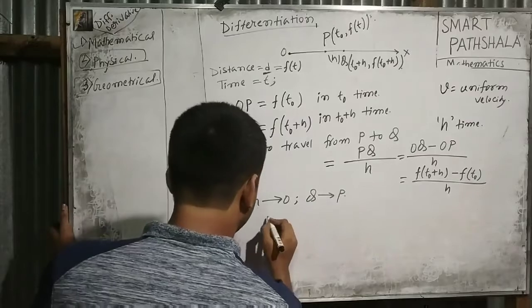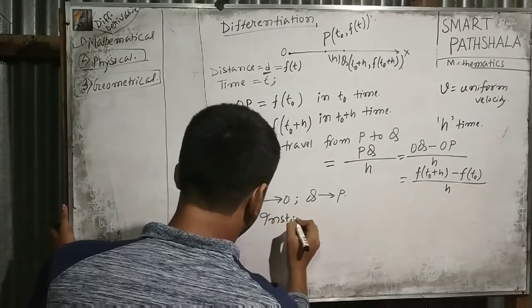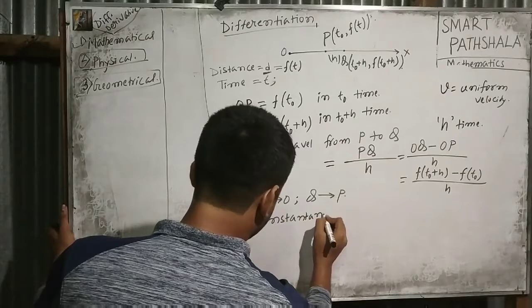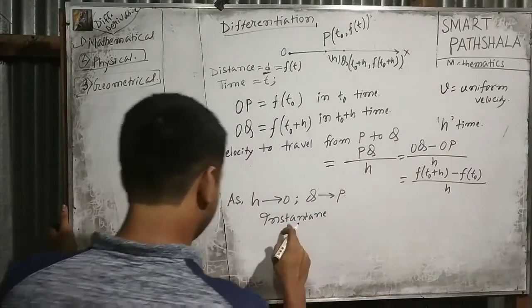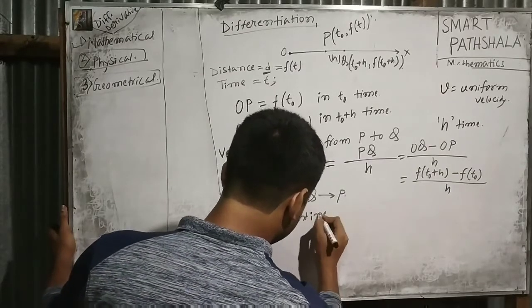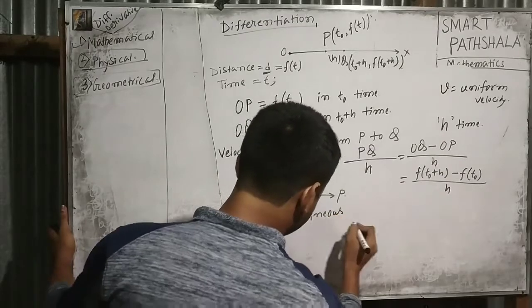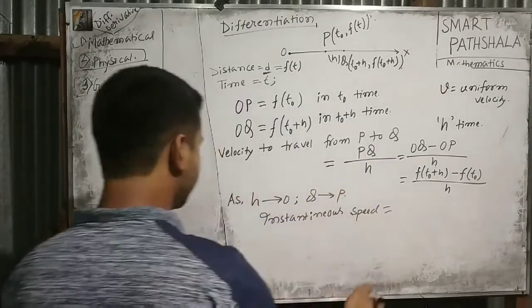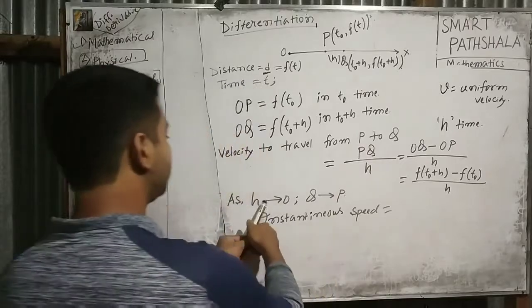Now, so I have the instantaneous speed. What is the instantaneous speed? It is when h tends to 0.